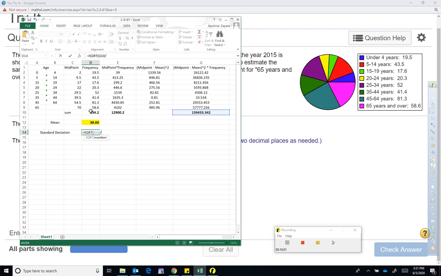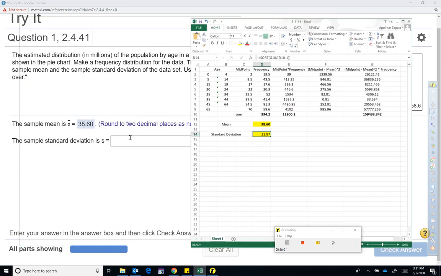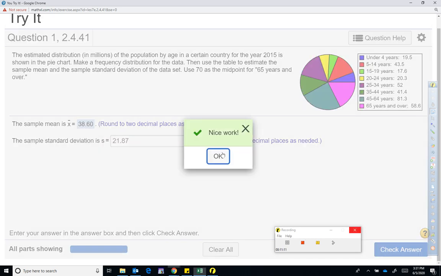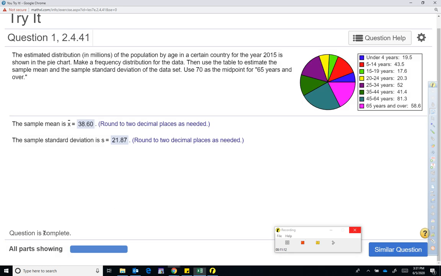So let me enter inside parentheses this number minus 1 close parentheses for the denominator, and I need another parenthesis for the square root, and then enter. And so the standard deviation rounded to 2 decimal places, let me take here until 2 decimal places, is 21.87. So enter here the answer, 21.87, and check it. And it is correct, and this is how we completed this question.